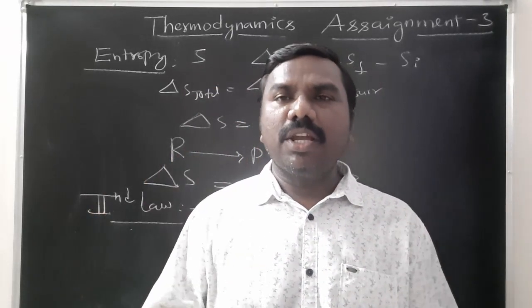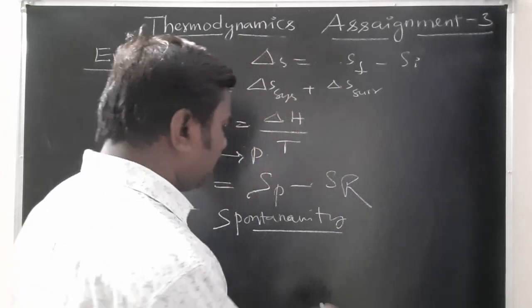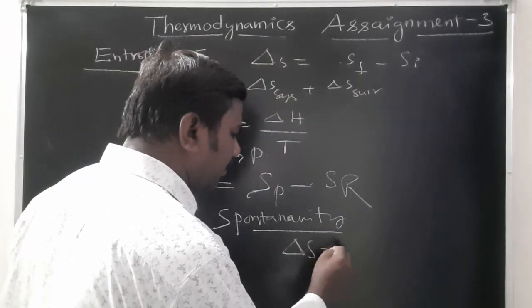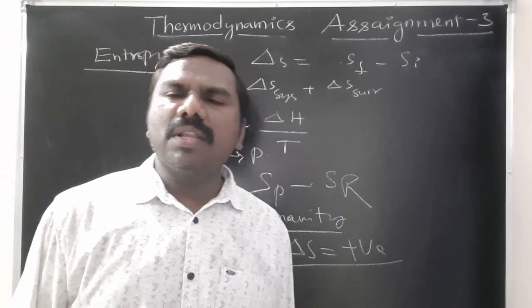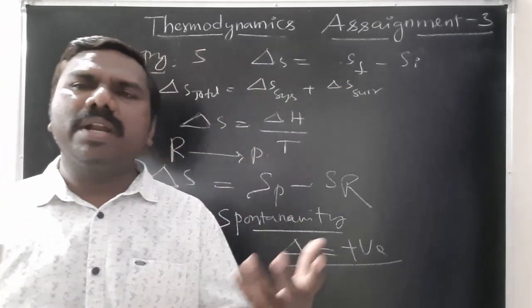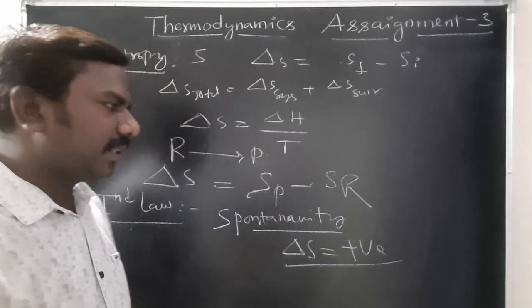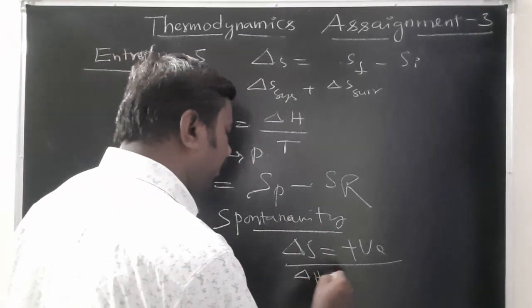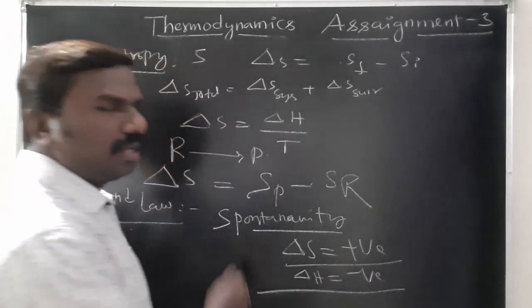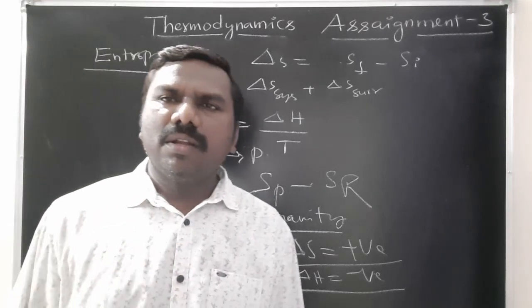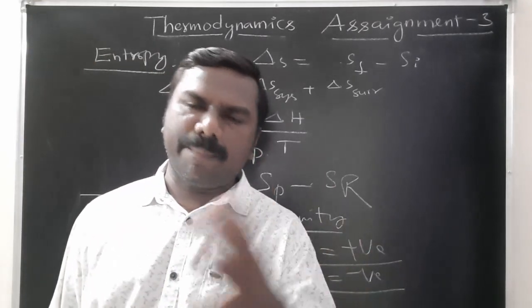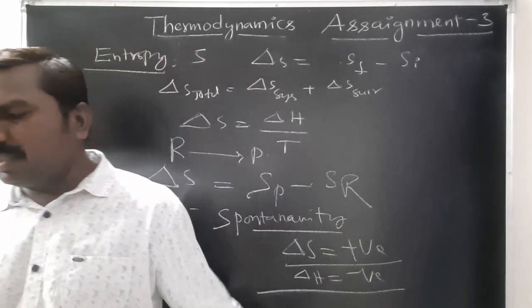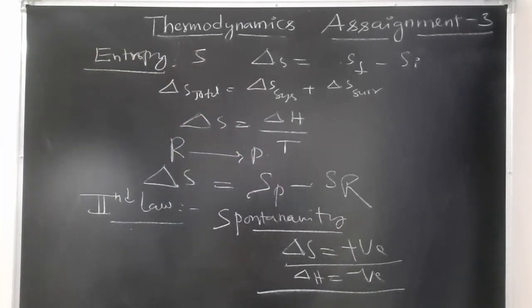Disorder increases, entropy increases. It means for spontaneity, delta S must be positive, meaning more disorder. All spontaneous reactions have more disorder. Next, delta H must be negative. It means exothermic reactions; most, about 90%, of exothermic reactions are spontaneous. On their own, they will happen. Right, students? Remember these two conditions for spontaneity.